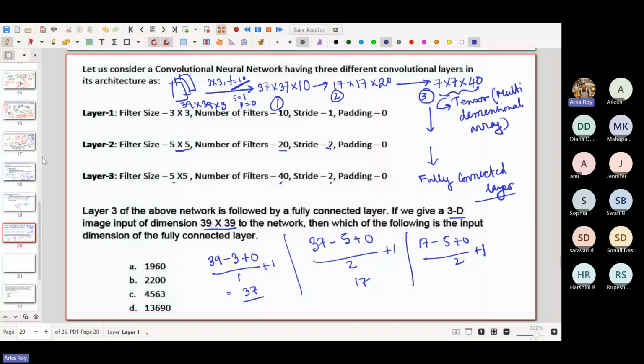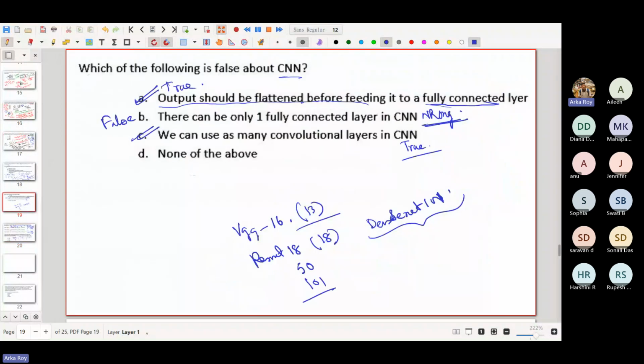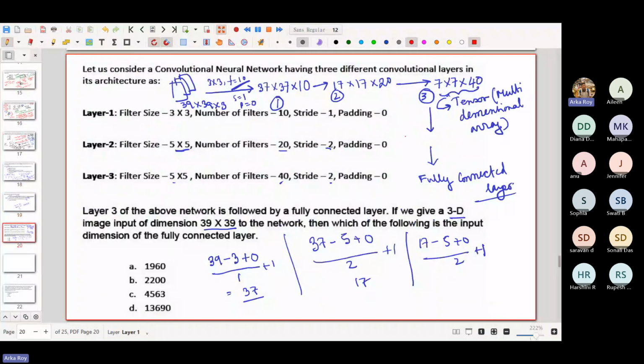Yeah, in the previous slide itself, we had discussed that output should be flattened before feeding it to the fully connected layer. So over here, we have to do the flattening operation.